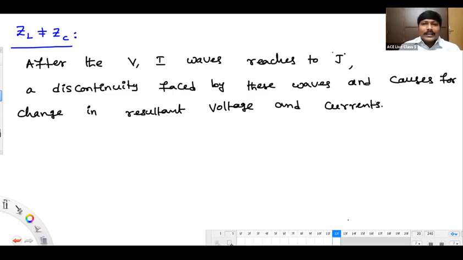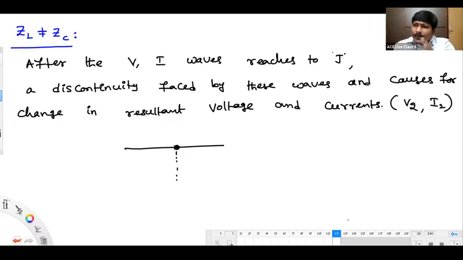Okay, let's assume that the resultant voltage and currents are V2 comma I2. In bracket you write V2 comma I2. See, one very simple logic here. This is one point where we are standing.